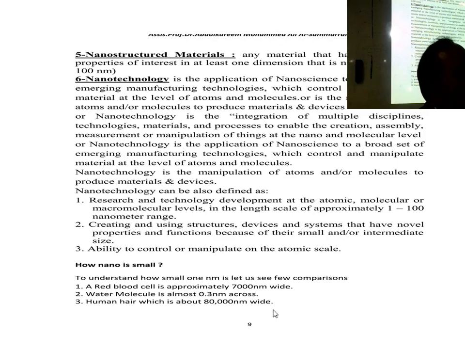So these iron atoms have some unpaired electrons. These unpaired electrons, because of spin, create a certain magnetic field or magnetic domain, some magnetic moment. It is called magnetic moment.